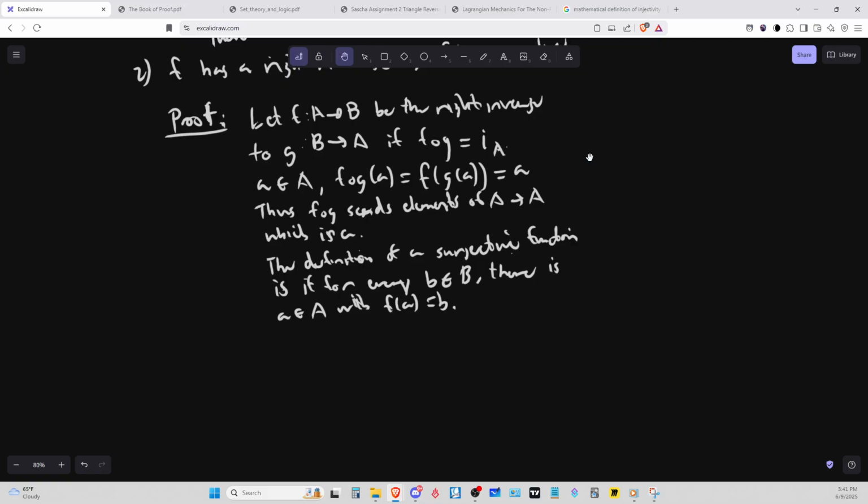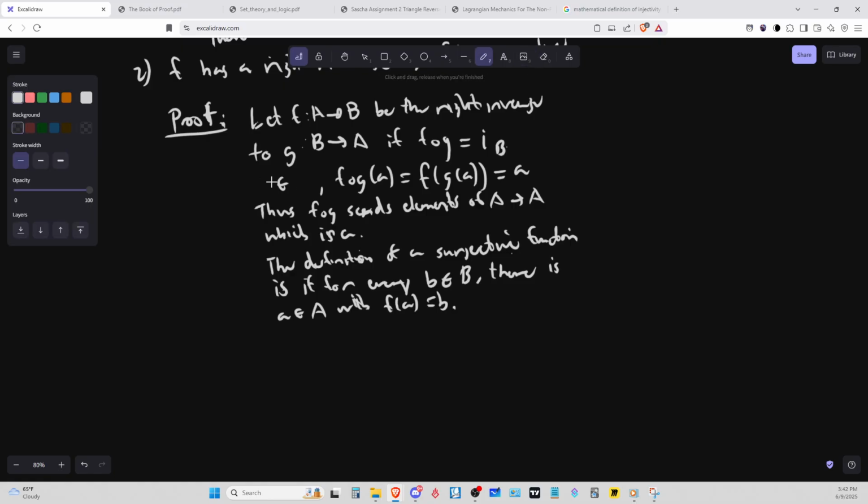Okay, so by definition, for every b, f to b. So let me see. Did I? So should it be? No. Actually, I wrote this wrong. It should be the identity of b. That's why I thought it was funny. I was like, that's not right.